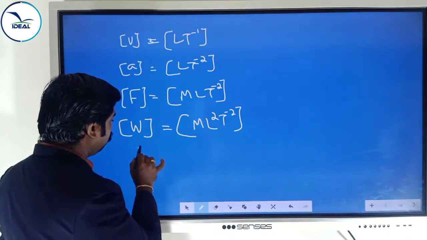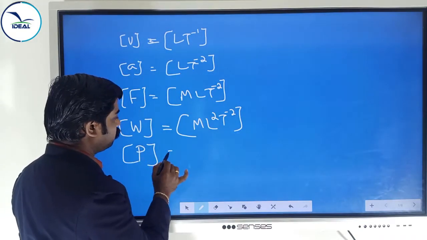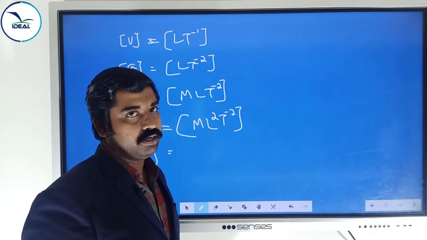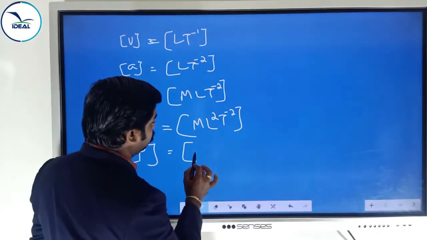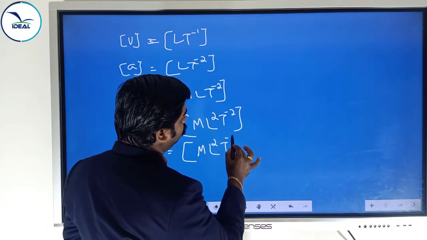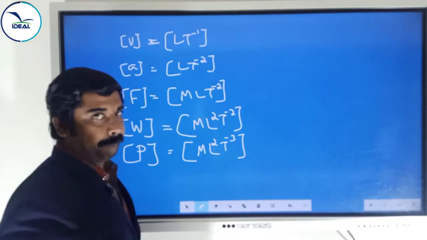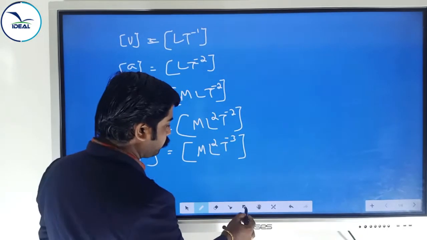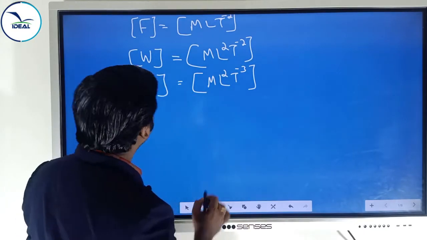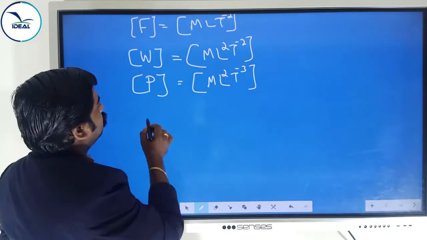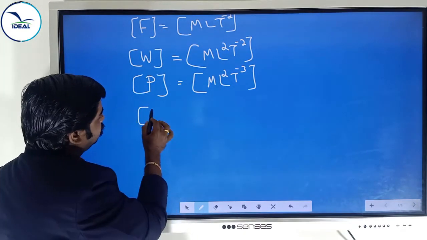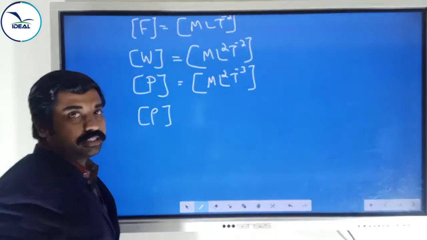Then power. We know that power is equal to work by time. So its dimension is ML square T raised to minus 3. Next, density, rho.